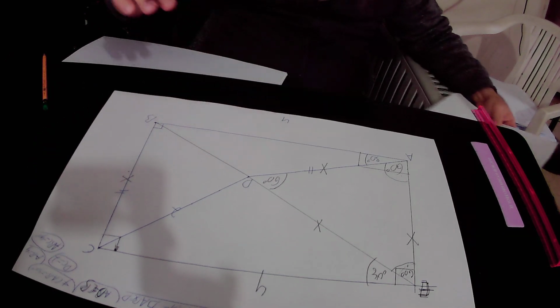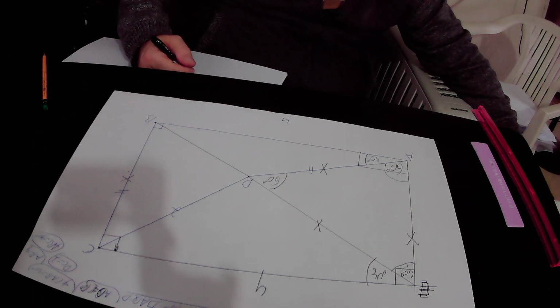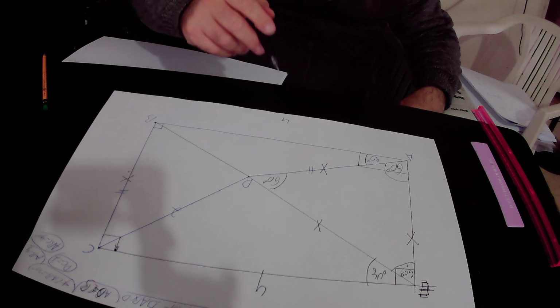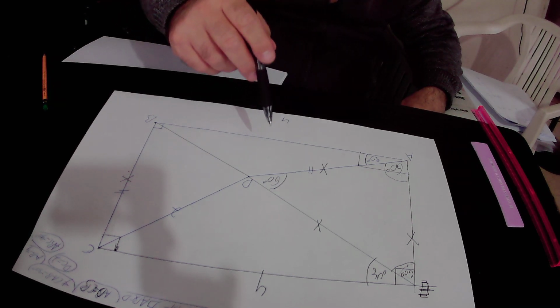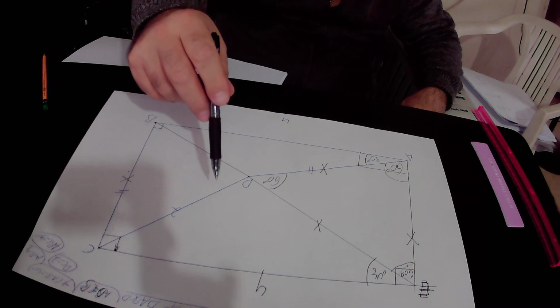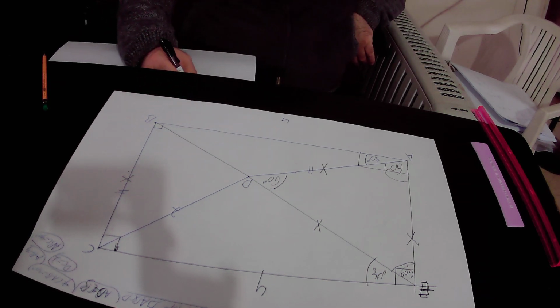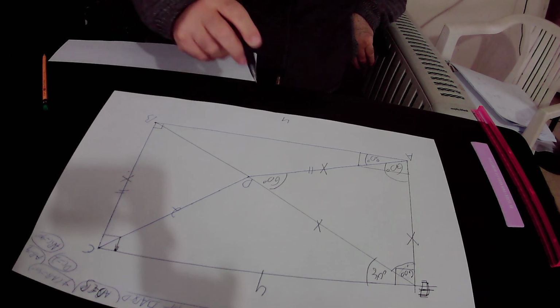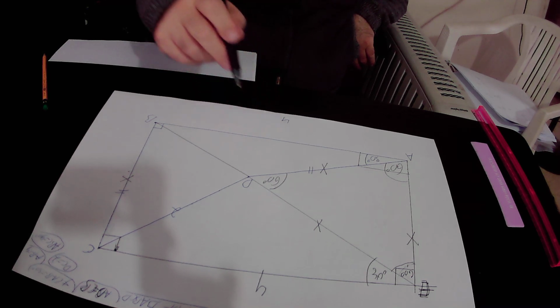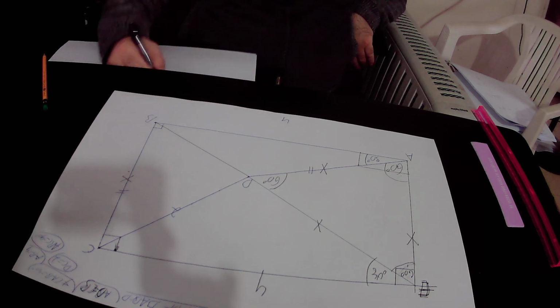In the next step, we will prove that triangle ADB is congruent to triangle CDE. I write it down: triangle ADB is congruent to triangle EDC.